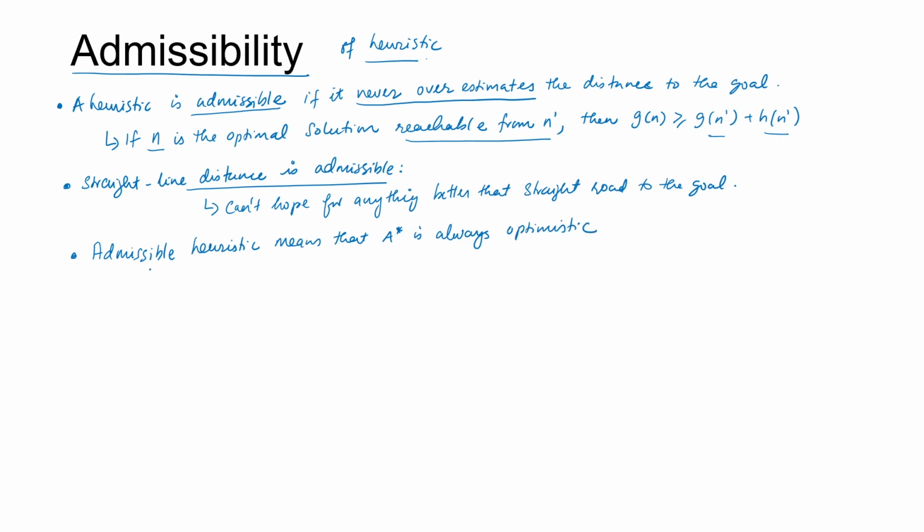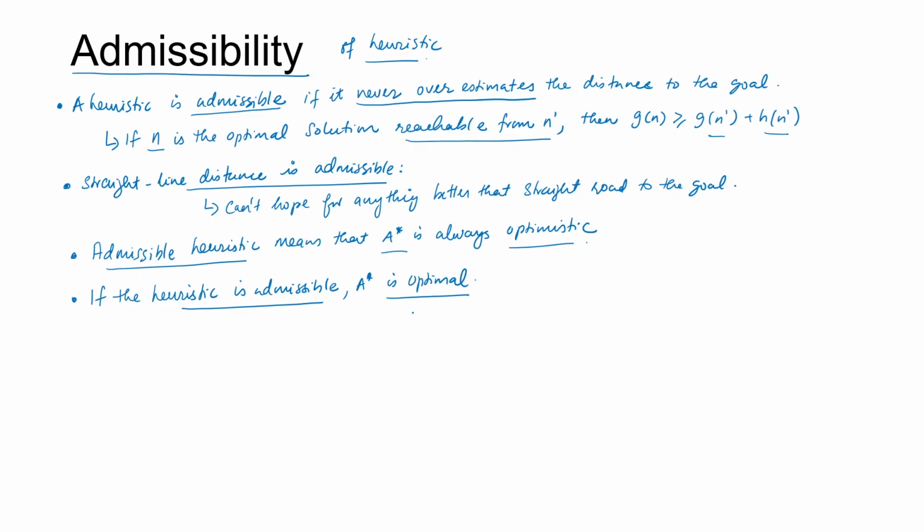If the heuristic is admissible, that means A star is always optimistic, it will get you where it is. Okay. Then if the heuristic is admissible, A star is optimal. Okay. If the heuristic is admissible, A star is optimal.